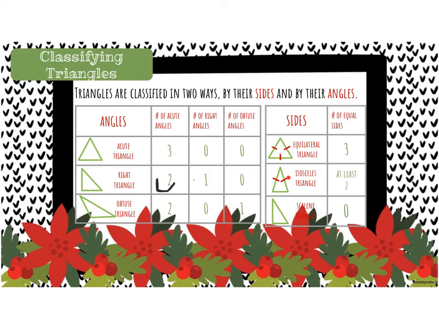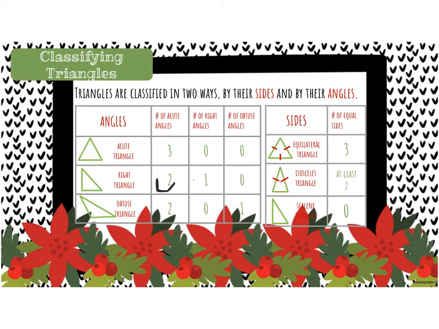Down here for isosceles, y'all say that with me. Isosceles. Those tick marks are showing that these two sides are the exact same size. They are the exact same length. And then do you see any on the scalene triangle down there? Nope, because what does that mean? It has no equal sides.